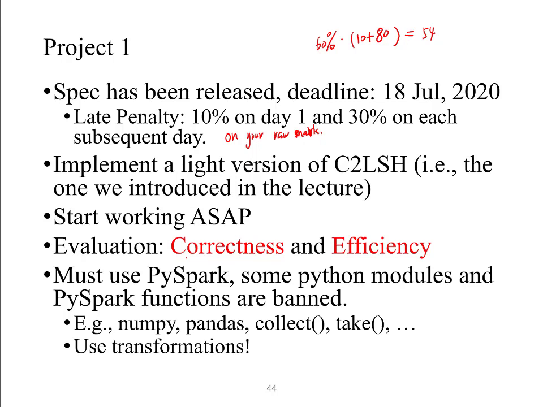So that's why we banned some PySpark functions and some Python modules, for example NumPy or Pandas, and also actions, especially actions like collect or take. We do have a list in the spec, so you can refer to it. All right, please use transformations to process data.